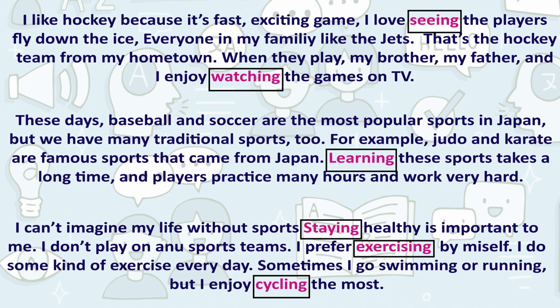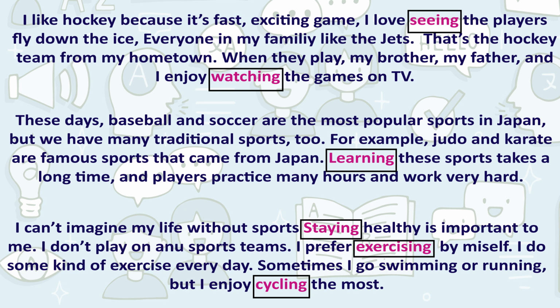For having a better reference about the use of gerunds as object and subject, I would like you to observe this screen with the example. So I would like you to read and observe what the forms are. I love seeing. In this case, seeing is acting as an object. I enjoy watching. Watching is acting as an object. Learning this sport.